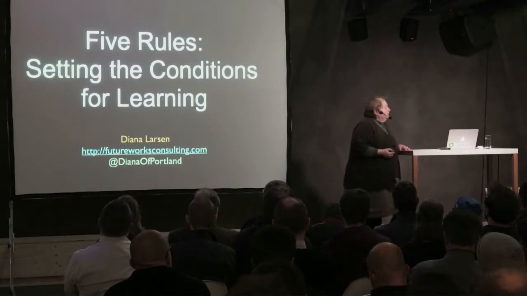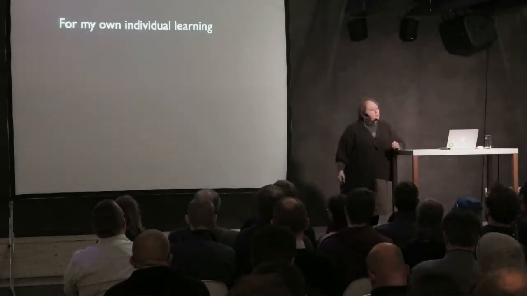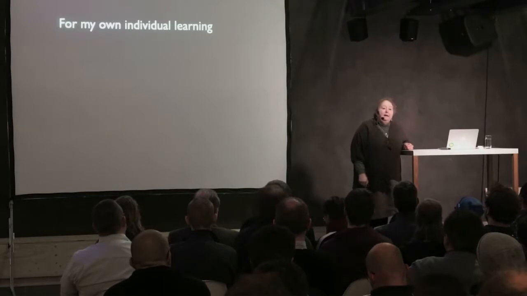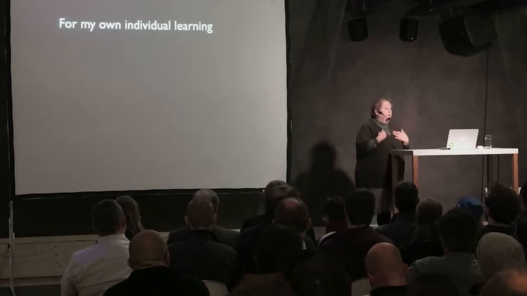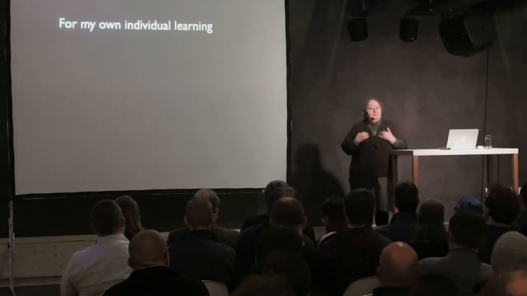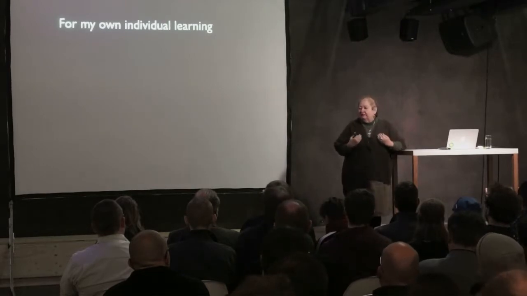Now, the way I think about this is that when we think about setting the conditions for learning, we can think about it in a number of ways. We can think about it for my own learning. I, to some extent, am an autodidact. I teach myself.